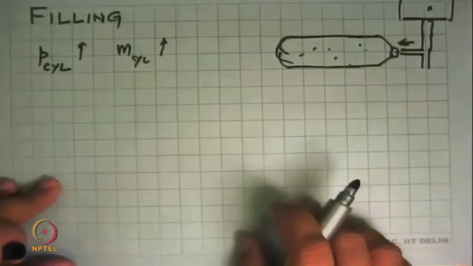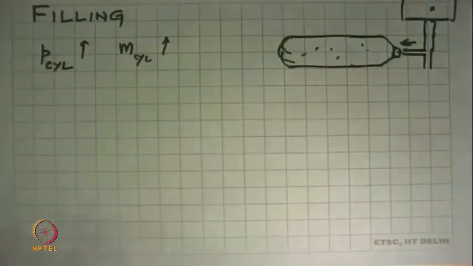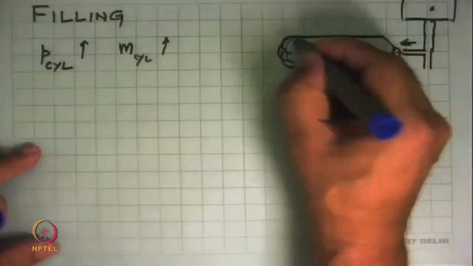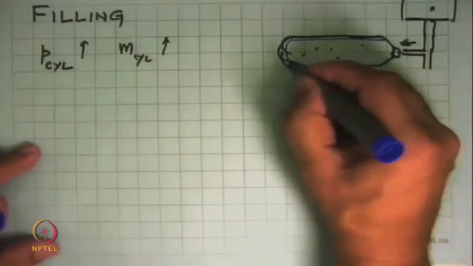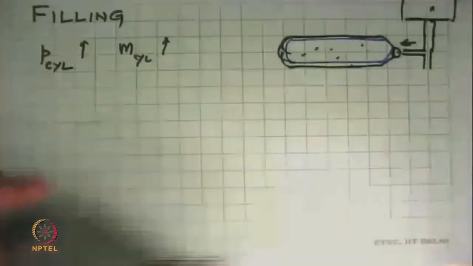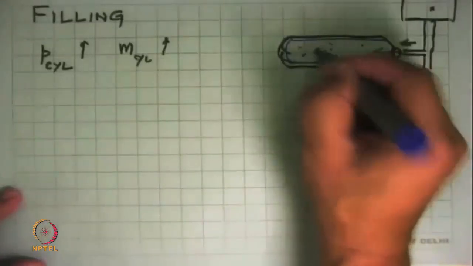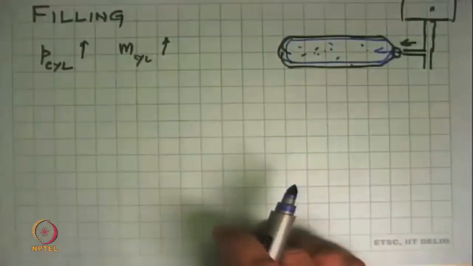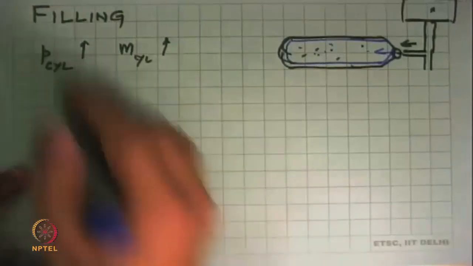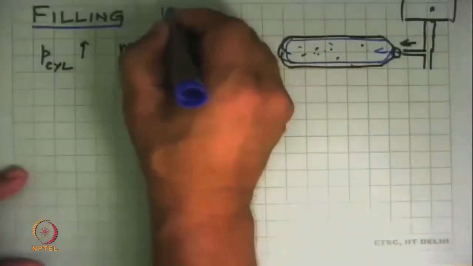Now let's see what happens in this case. This is an example where we draw the system boundary, which is the space inside the cylinder, and say, well, there is one inlet, but the state inside this keeps changing with time. So this is not a steady state situation at all. It is an unsteady situation.